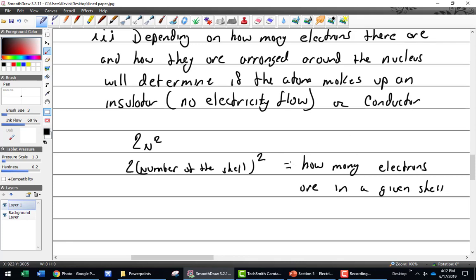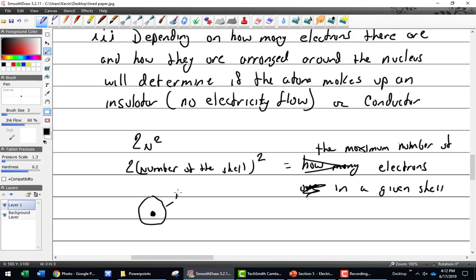No, that's not how many. What is the maximum number? The maximum number of electrons in a given shell. There we go, the maximum number. So if I have my nucleus there, and here's the shell, which number shell is that?